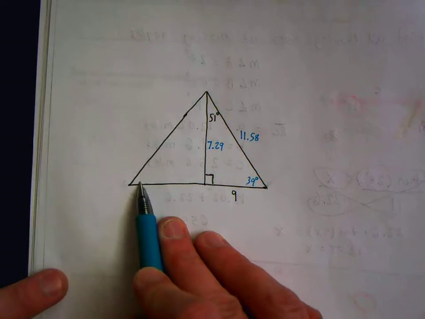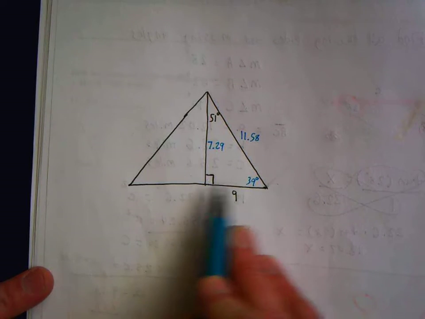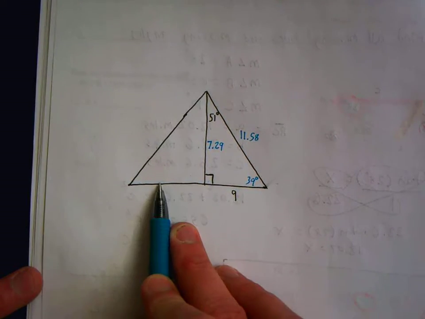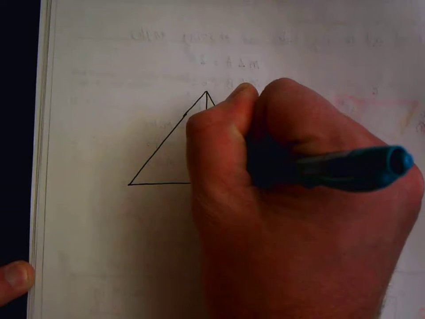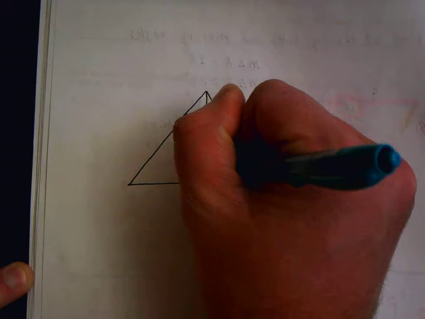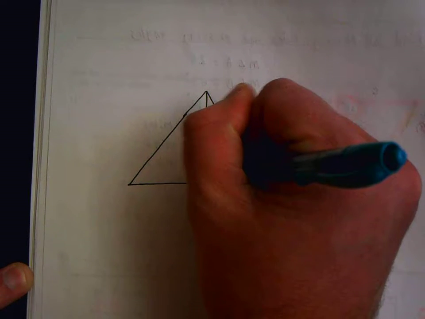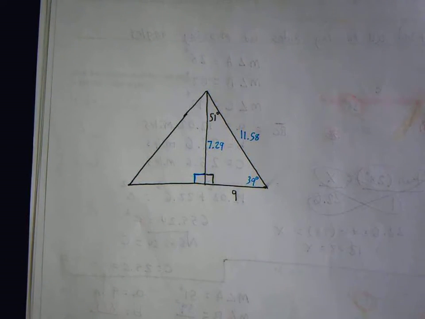If this is a straight angle, and this is 90, straight meaning supplementary, if this is 90, then by definition of a straight line, this is also 90. Oh, wow. I feel like we need one more piece of information.